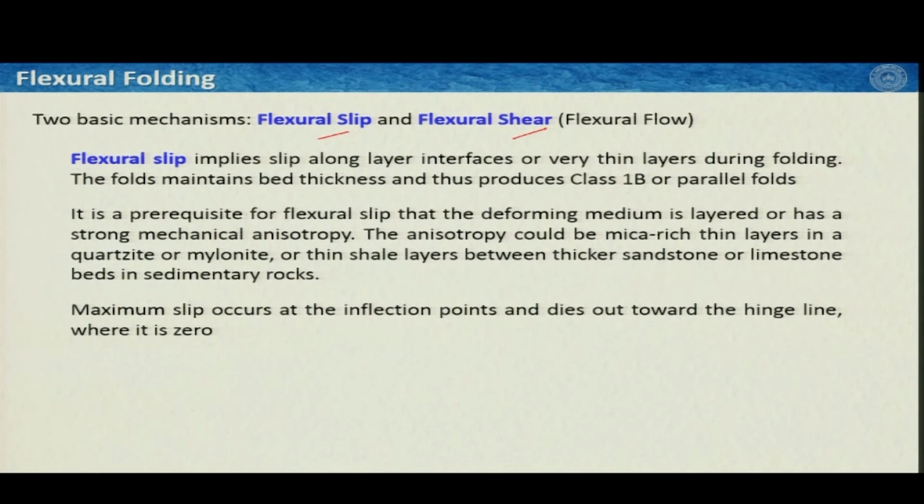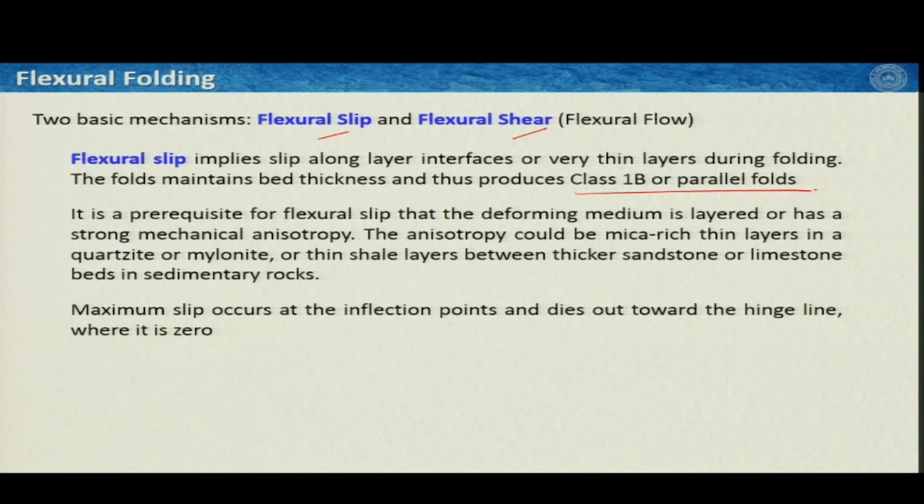Flexural slip implies a slip along layer interfaces, or you have very thin layers between the 2 layers during folding. The fold maintains the bed thickness and thus produces also class 1B or parallel folds. We will see this in some illustrations soon.